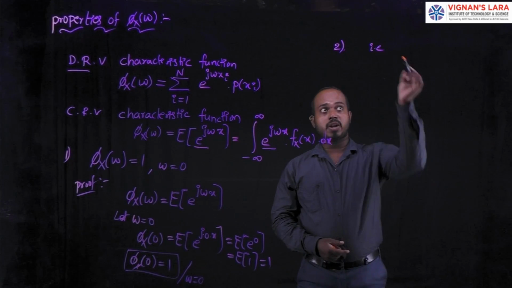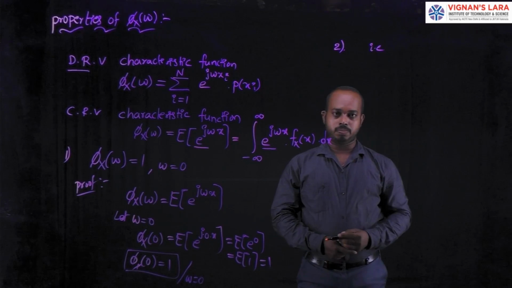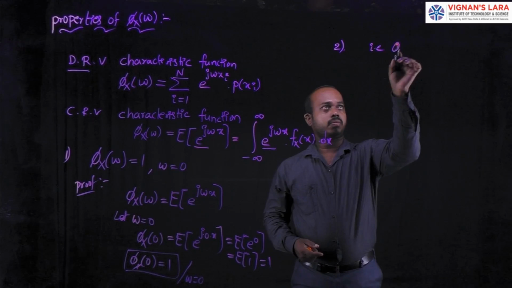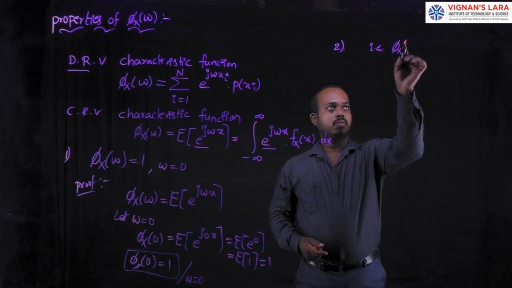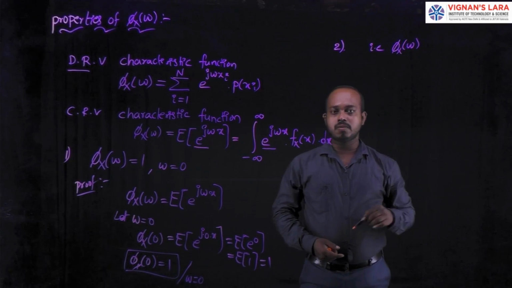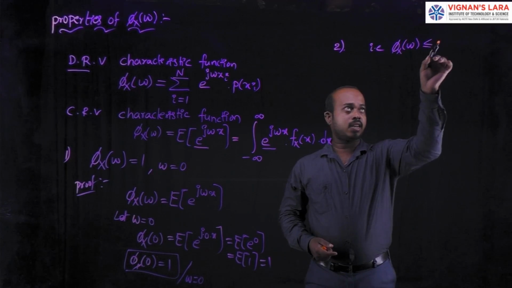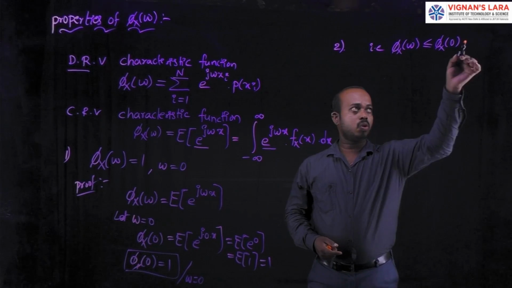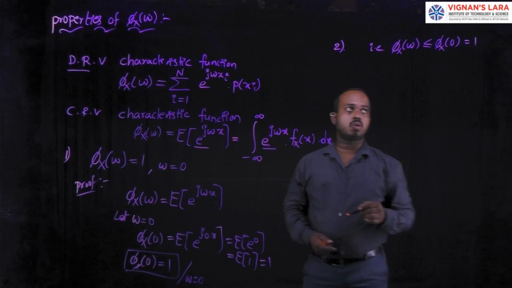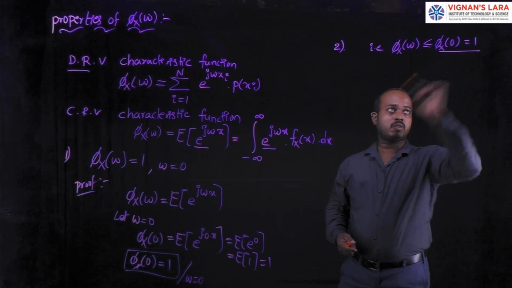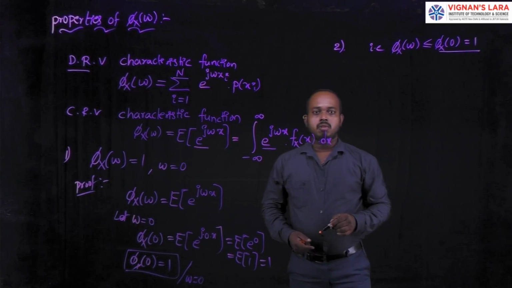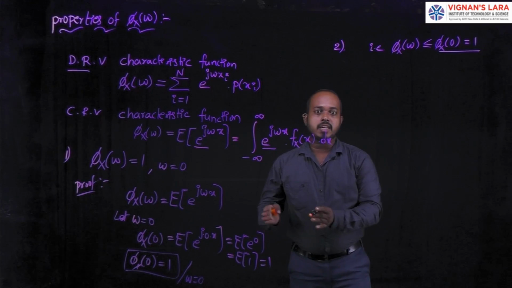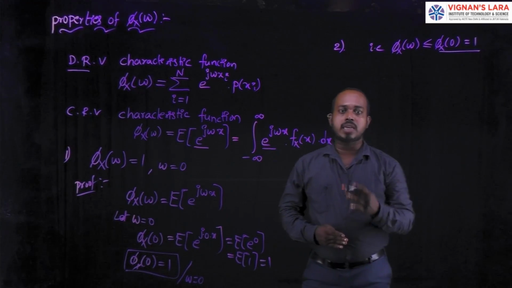Here I am writing that in terms of an equation. Φx(ω) is less than or equal to Φx(0), and Φx(0) is equal to 1. These two quantities are equal. I am repeating once again the second property: the characteristic function has the maximum value.